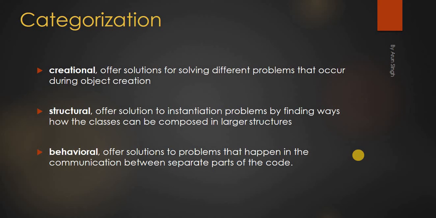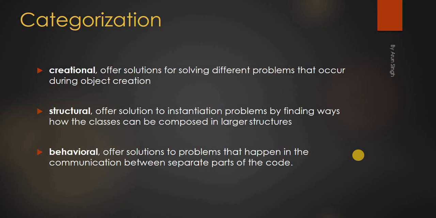Structural design patterns offer solutions to instantiation problems by finding ways in which classes can be composed in a larger structure. These are mainly related to class composition. And third, behavioral patterns offer solutions to problems that happen in the communication between separate parts of the code.